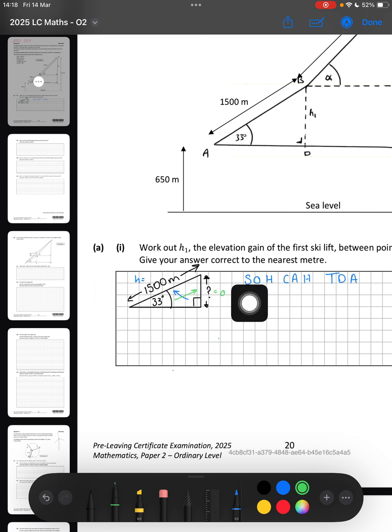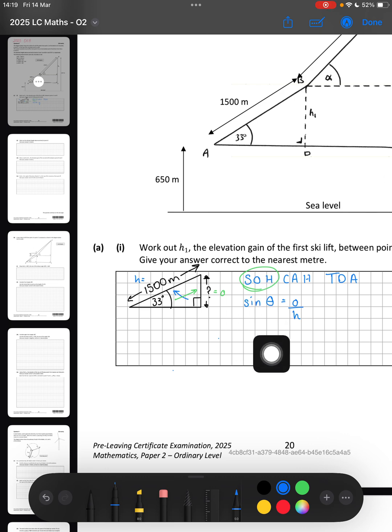It's this SOH part. So I'm going to be using this part. Write out the equation for SOH: S stands for sine, so the sine of the angle is equal to the opposite side over the hypotenuse.